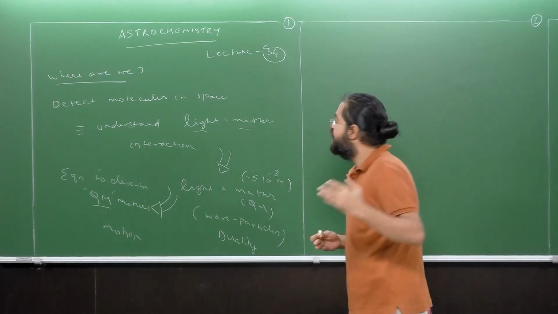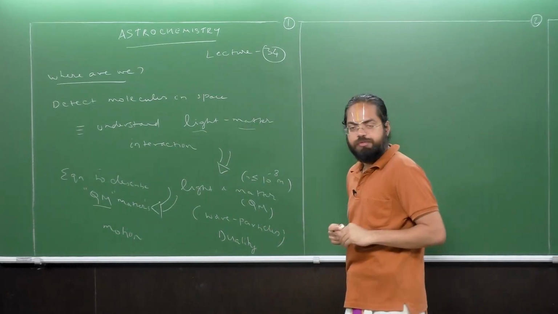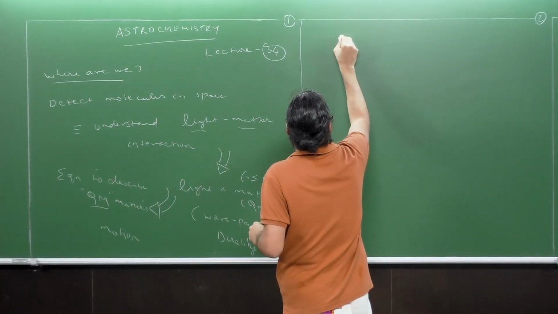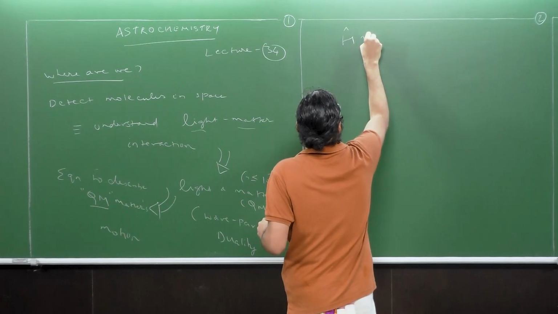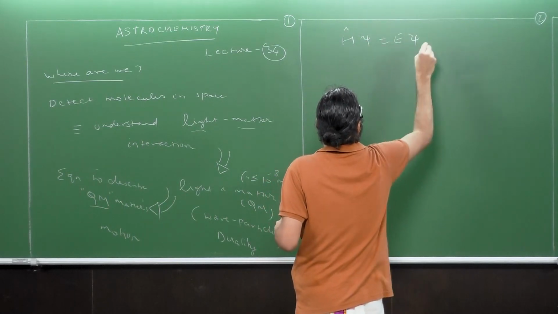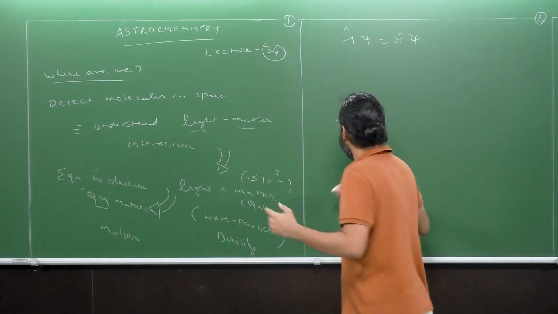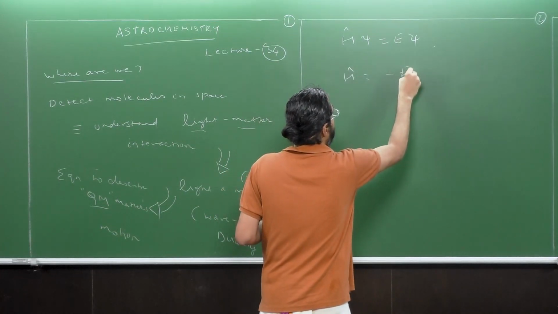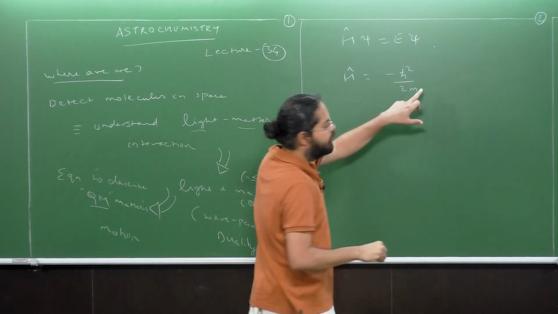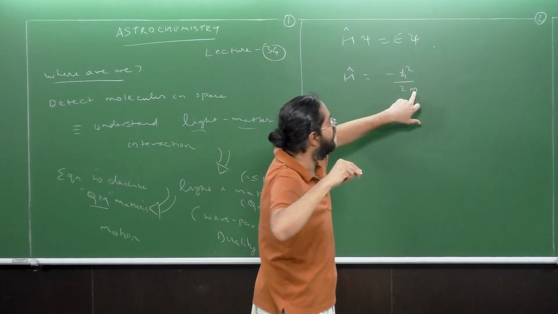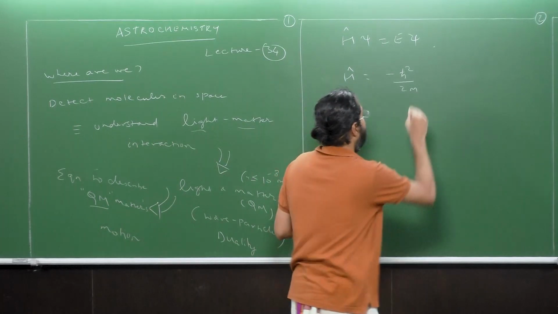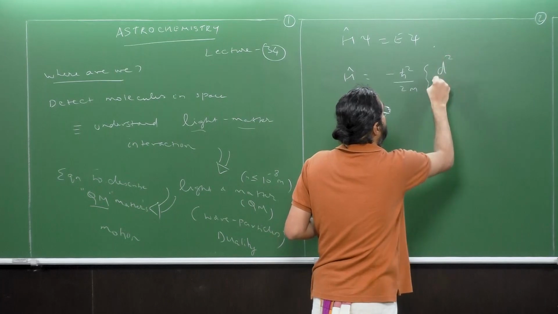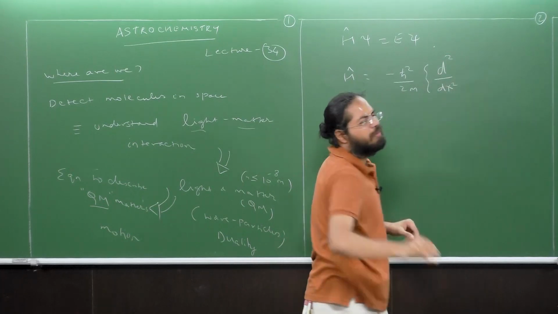Okay. So in the previous lecture, that is in lecture 33, we had obtained this equation: H psi equals E psi, right? Where H, I showed, was nothing but minus h bar square by 2m, where m is the mass of the quantum mechanical entity and h bar is h over 2 pi, times d square by dx square for a one-dimensional system.